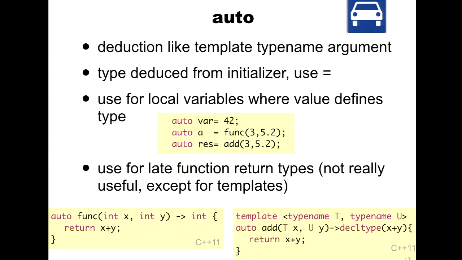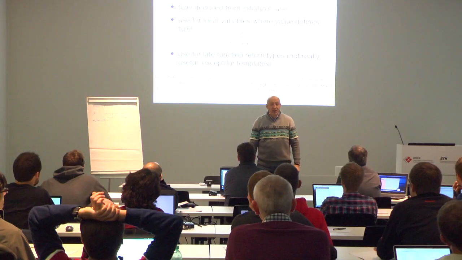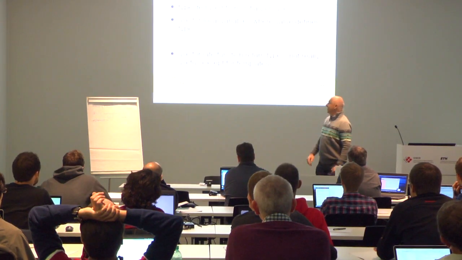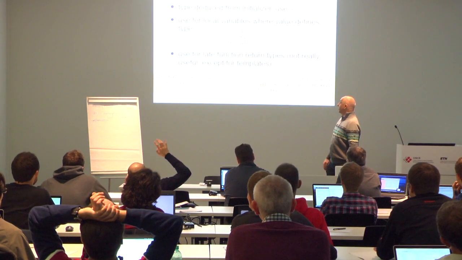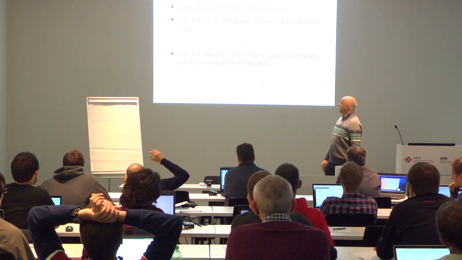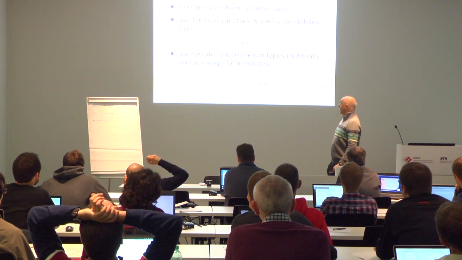Who knows what's bad in these three lines, auto var, auto a, auto res? That's a trick question, but I want to see if you paid attention. What is missing or wrong in these lines? auto var = 42, auto a = func(), auto res = add(...).